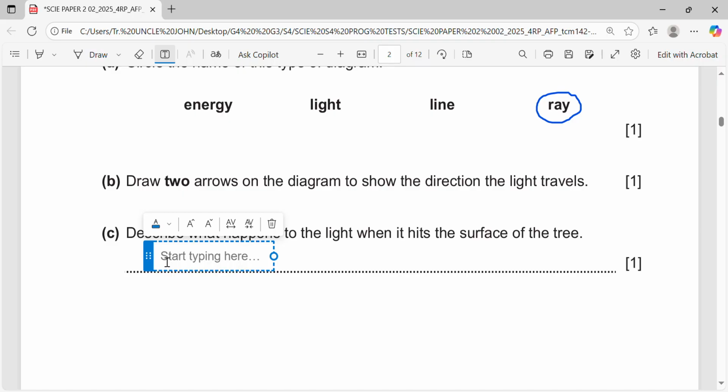When the light hits the surface of the tree, it is reflected to the eye.